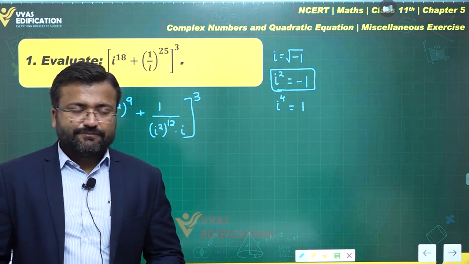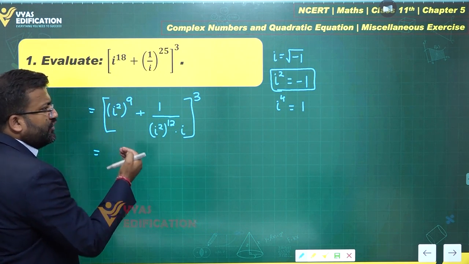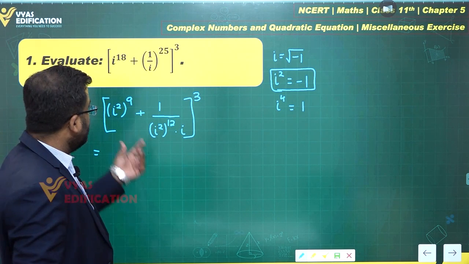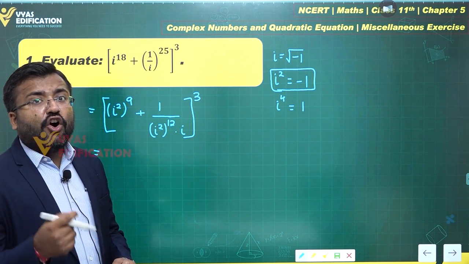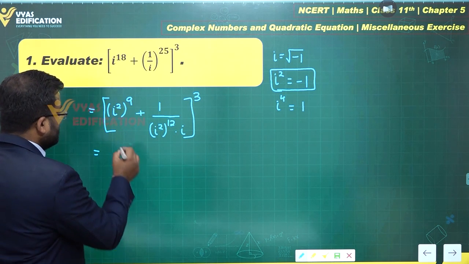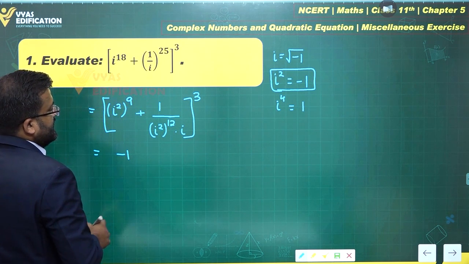That's what we have, right? i square is equal to minus 1, and minus 1 power 9 will be equal to what? Minus 1 power odd number will be a minus. So this will convert to a minus 1 simply.